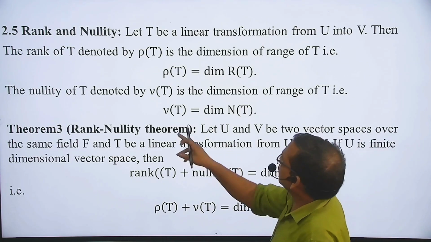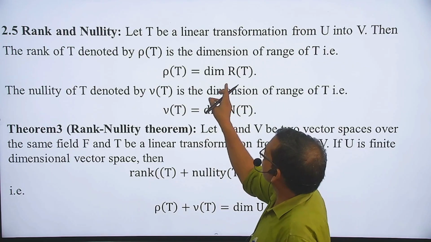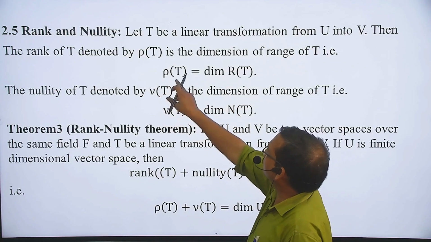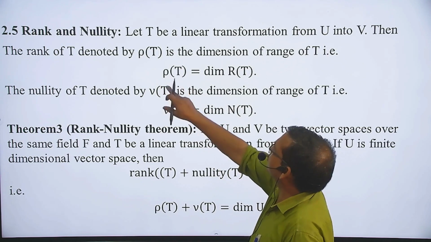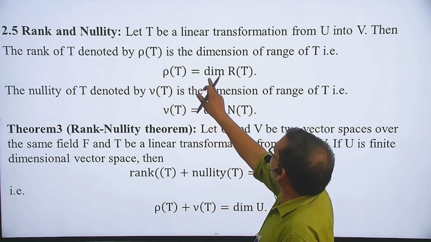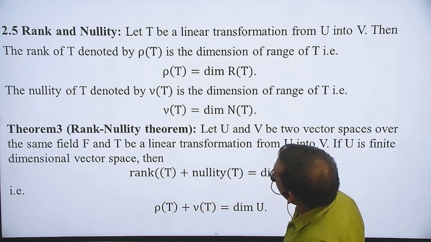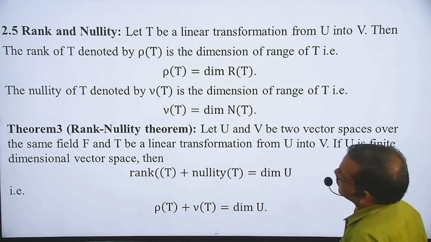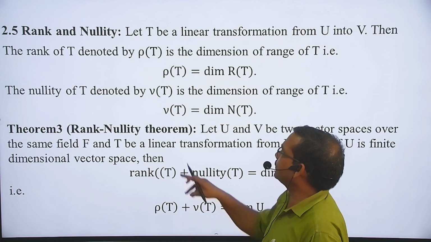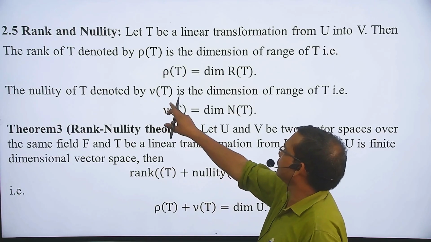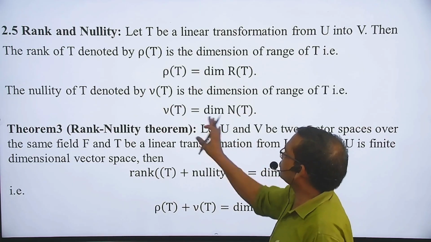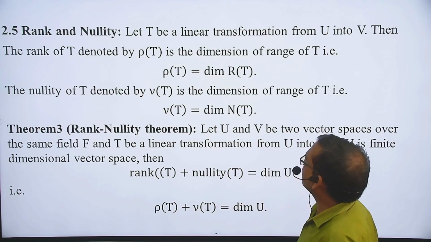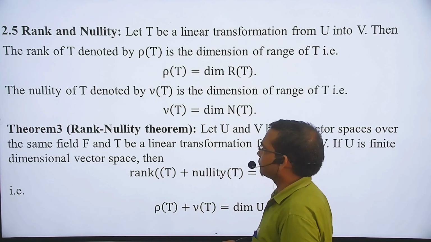Here the rank of the transformation is represented by rho T, which is equal to the dimension of the range space, and nullity is denoted by nu T, which is the dimension of the null space.